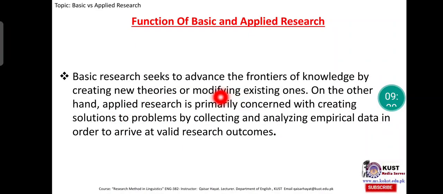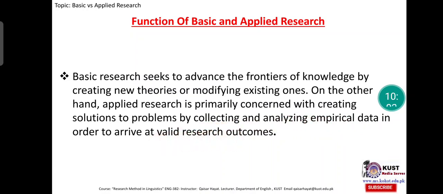There are also modifications in the existing theories; if there is some problem in already existing theories, it can be enhanced through basic research. On the contrary, applied research is primarily concerned with creating solutions to practical problems, collecting data and then analyzing it in order to arrive at valid research outcomes.